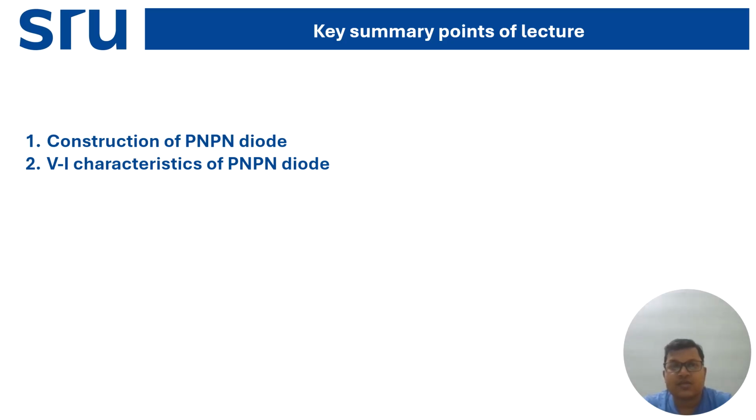From the transistor equation and the circuit diagram, we tried to understand the equivalence of the three different junctions of the PNPN diode and how they behave at different conditions like breakover voltage and other things. We also understood these from the VI characteristics of the PNPN diode, and finally we saw that this is also a useful device.